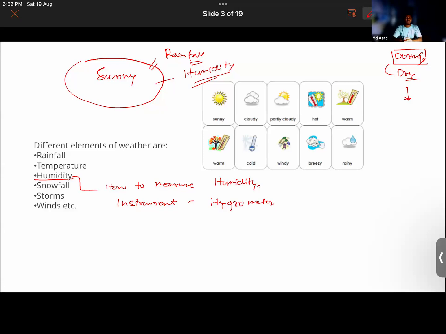This hygrometer is basically made up of two thermometers. The bulb of one thermometer is wet, while the bulb of the other thermometer is dry.